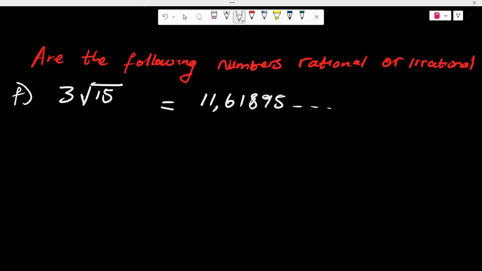So the question is, can this number be expressed as a fraction? And the answer is no. This number is a continuous number. Whenever a number is continuous, that means it's an irrational number because you cannot express it as a fraction. So for conclusion here, this is an irrational number. It cannot be expressed as a fraction.